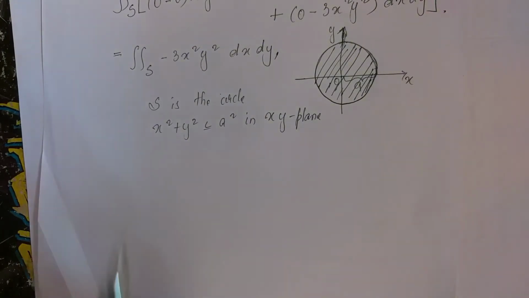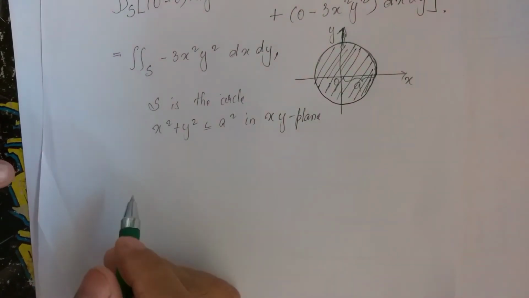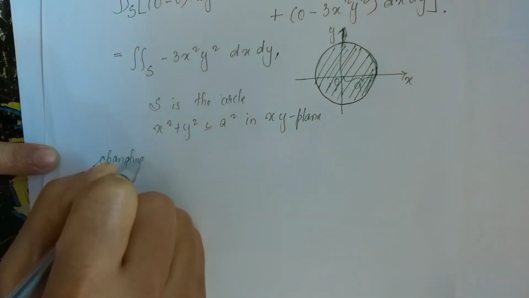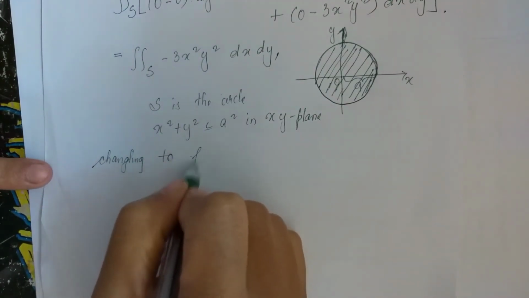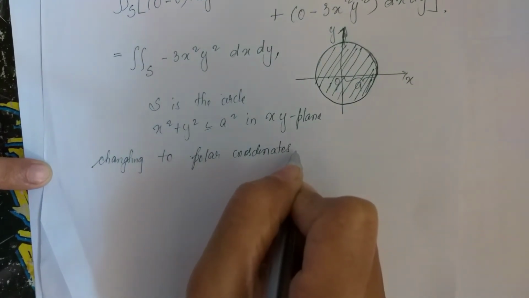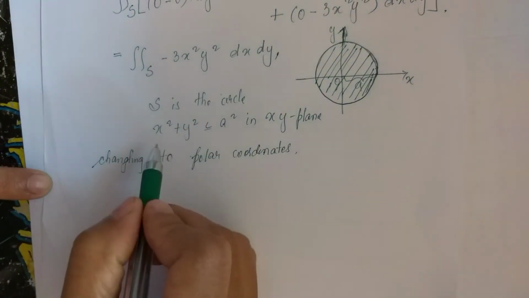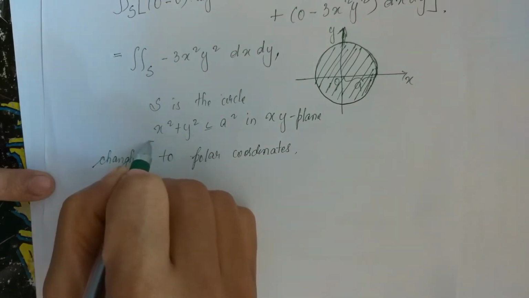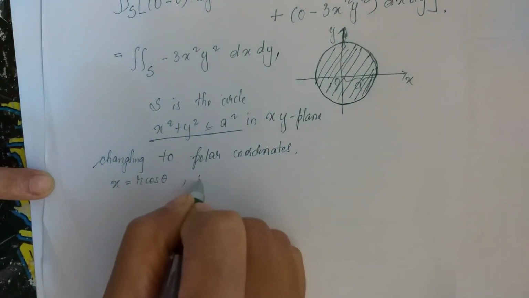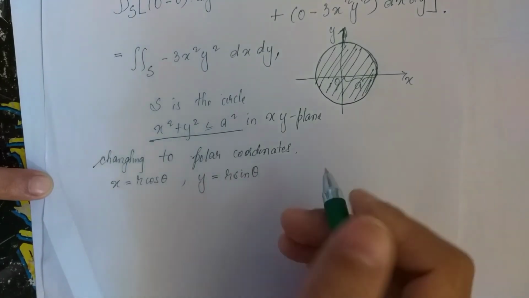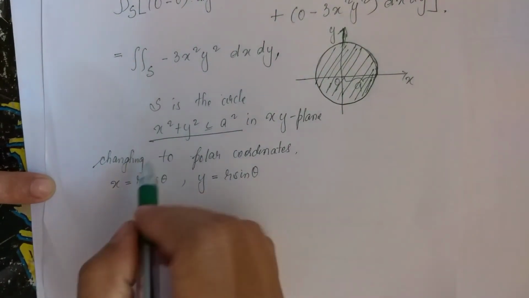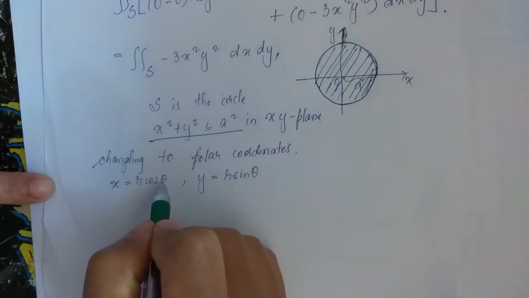Now let us try solving this surface integral. If we change the variables to polar coordinates, we have x equal to r cos theta, y equal to r sin theta. Here both r and theta will vary.